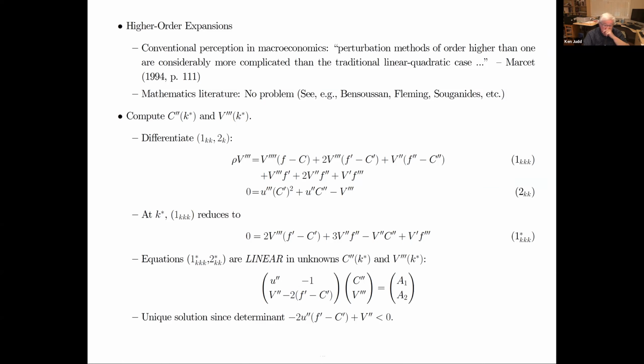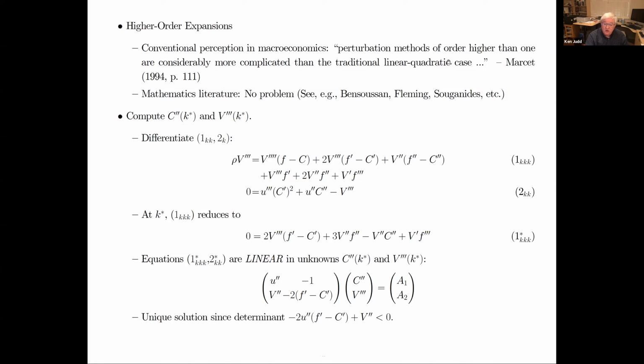So what I'm going to do is take those other equations I had, take derivatives, and evaluate at the steady state. What you find is that the unknowns, we don't know what C double prime is, we don't know what V triple prime is, but it turns out that it's a linear set of equations. So Marcet had it exactly wrong.